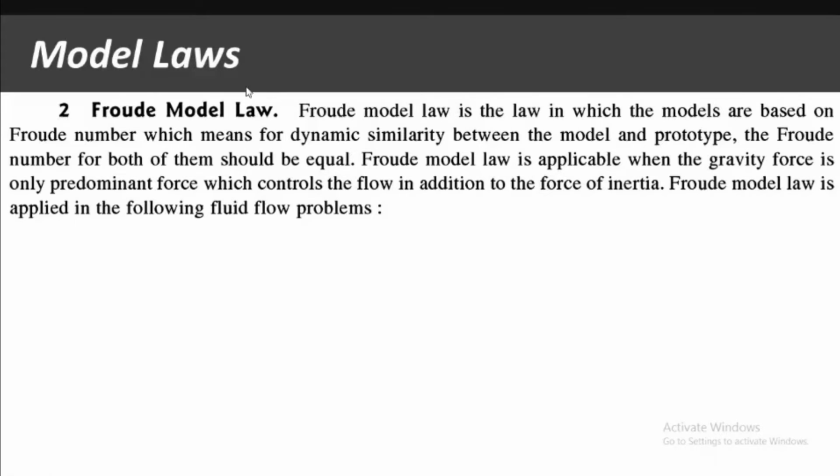It is applicable in special cases of flow where dynamic similarity plays a very important role. The Froude model law is applicable when gravity force is predominantly affecting the flow.